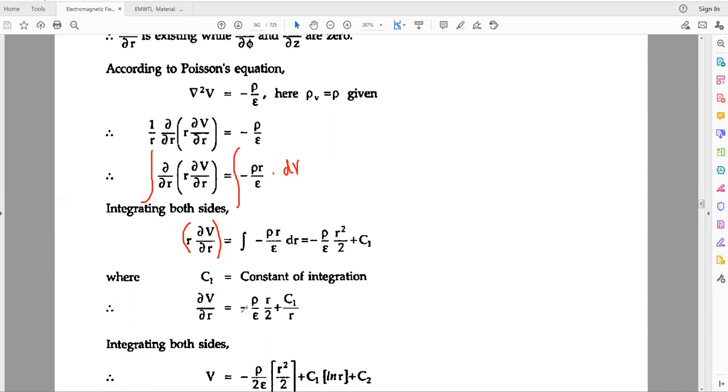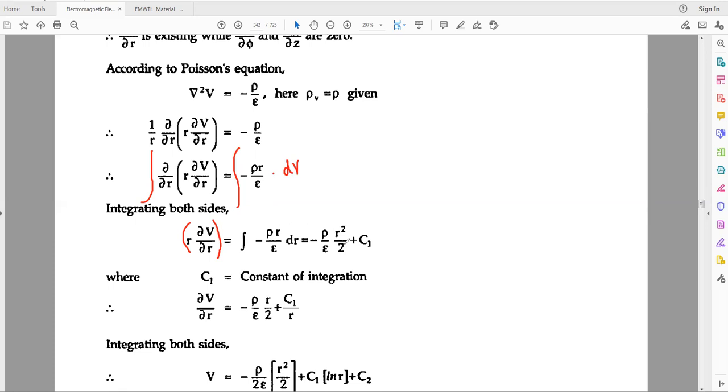Dou V by dou R is equal to minus rho by epsilon times R square by 2. As C1 is the constant of the integral, we can take dou V by dou R equal to the constant plus the integral of R, that is R square by 2.